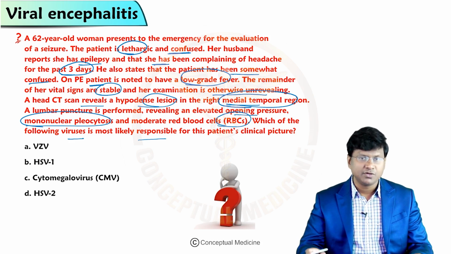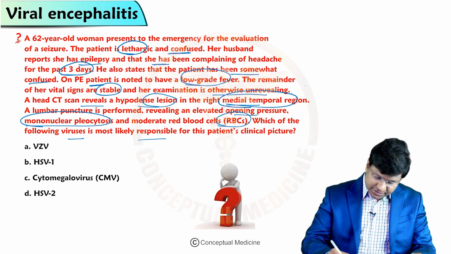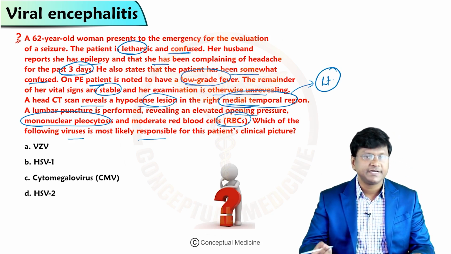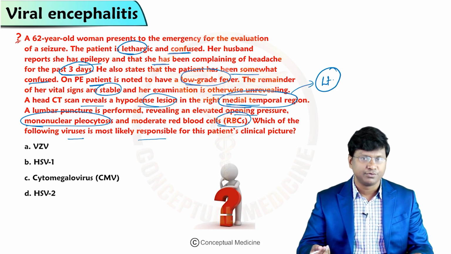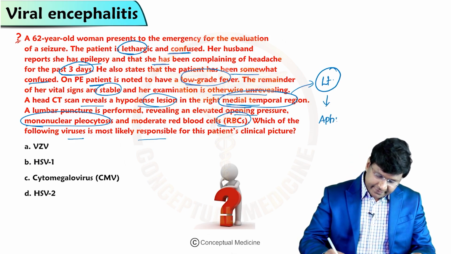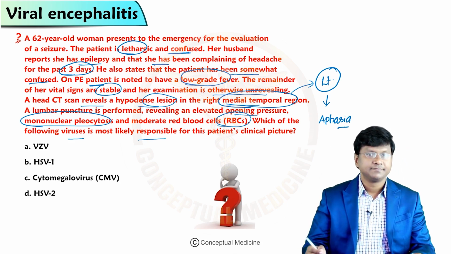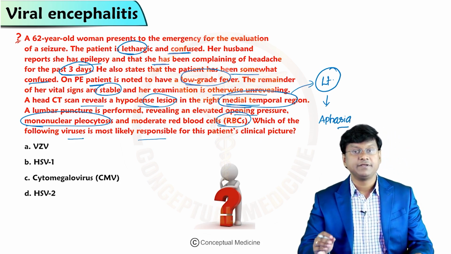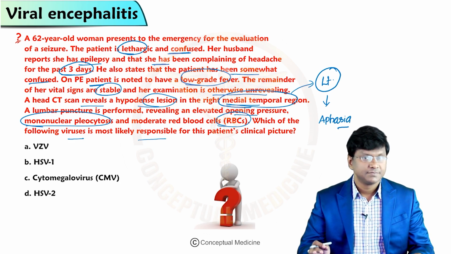Seizures need not be there in all individuals; they can be there in up to 40% of patients. If the affected temporal lobe is the left-sided temporal lobe, which is the dominant temporal lobe, the individual can have aphasia.